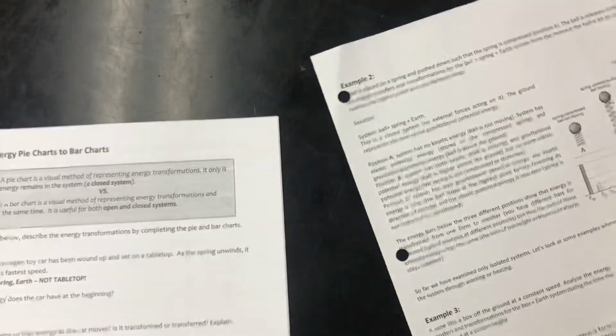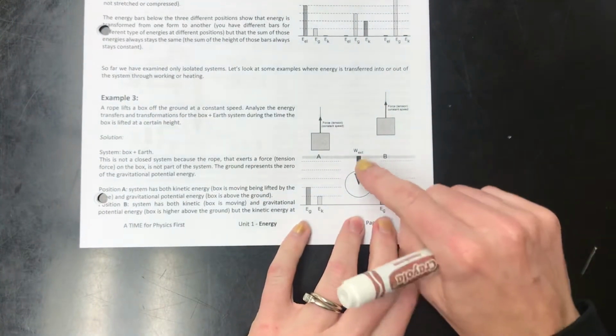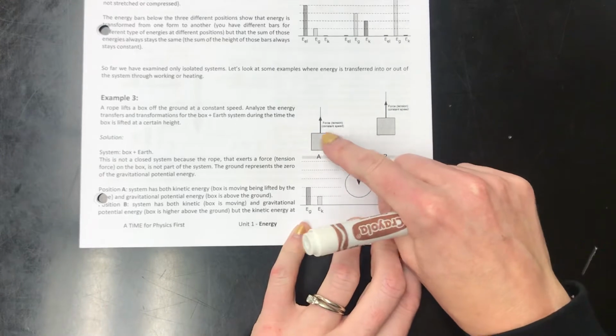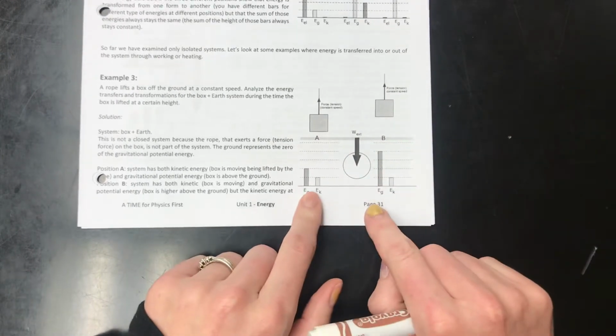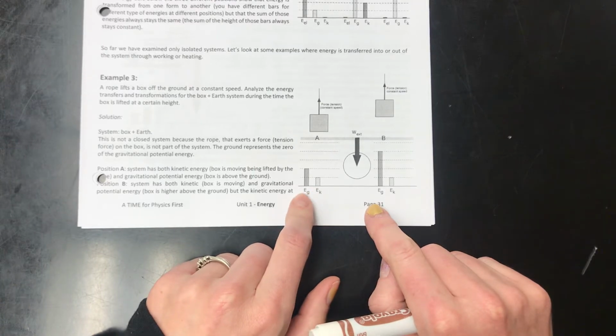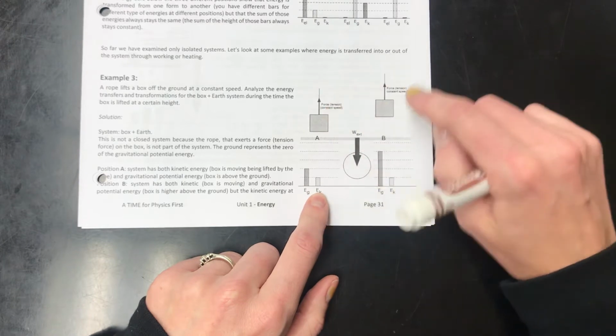Sometimes the energy comes in or goes out, and in this last example we have a box and Earth, and someone is pulling the box up. So someone is giving this box energy. You'll notice that we start with kinetic energy and gravitational potential energy. It's up off the ground, and it's moving upward.